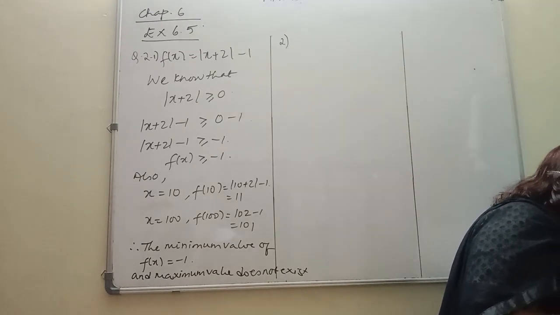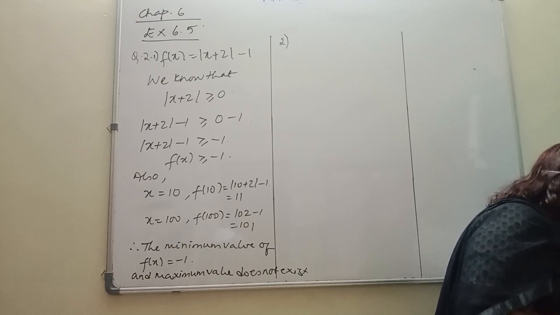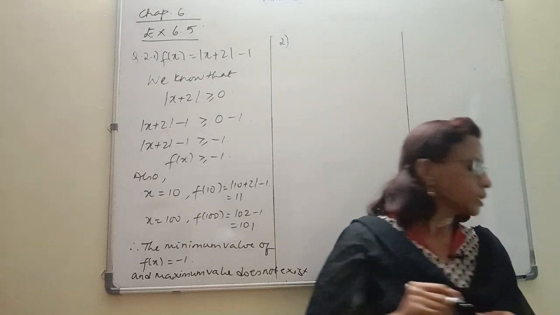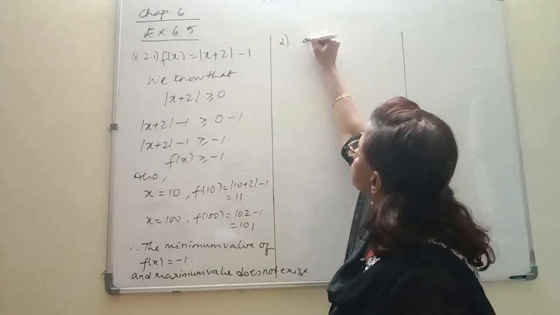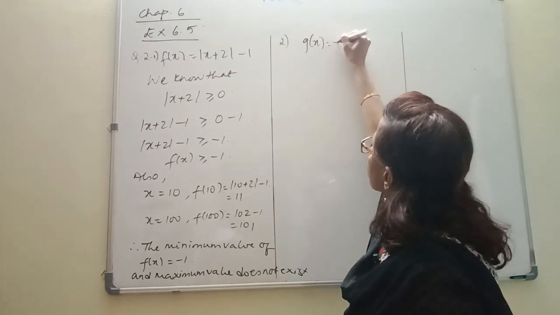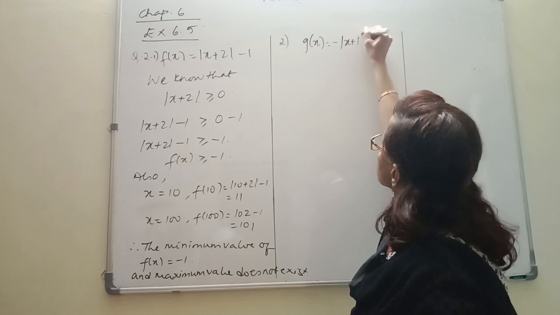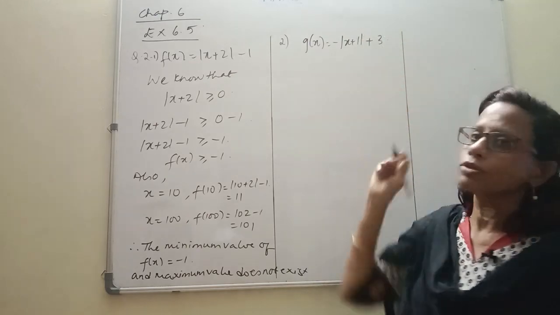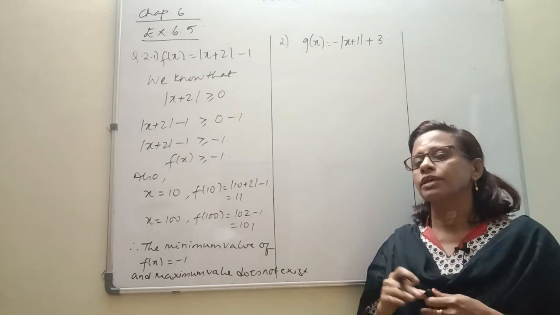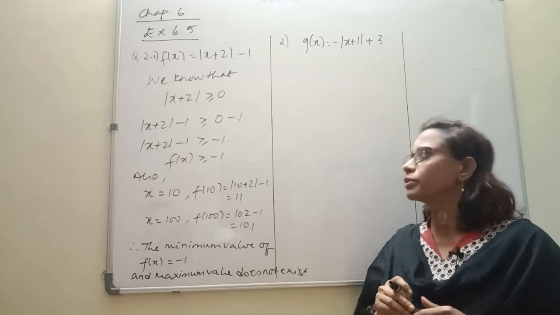g of x is minus modulus of x plus 1 plus 3. Now it's going to be the same logic as the before one, where there is a modulus. So that is what we are going to take care of.